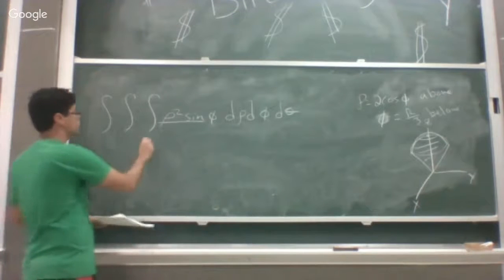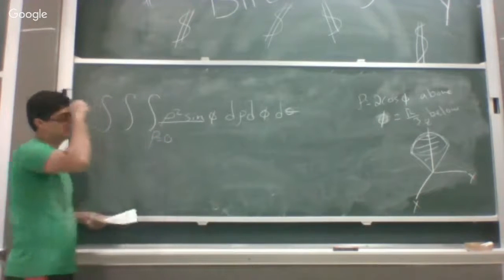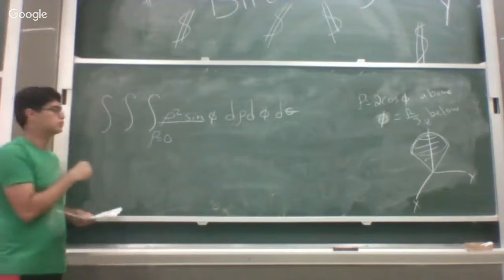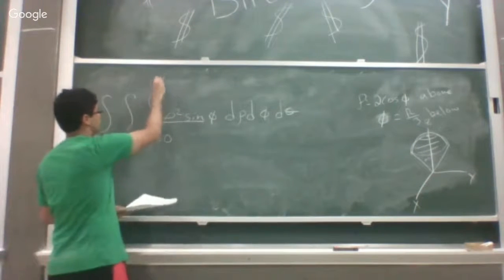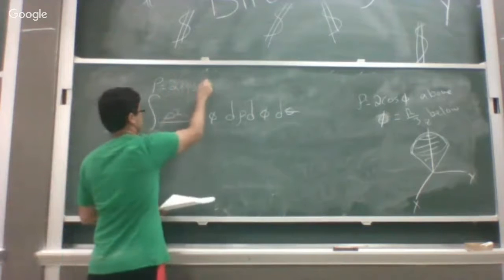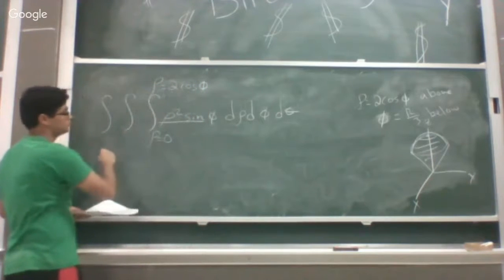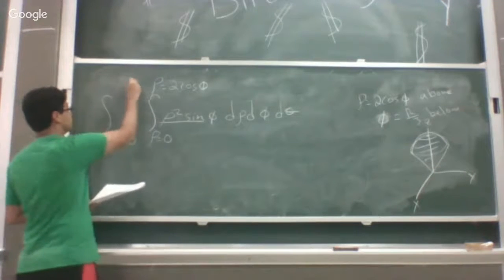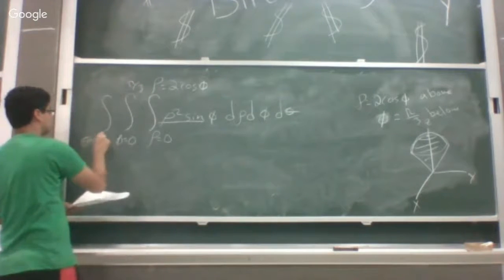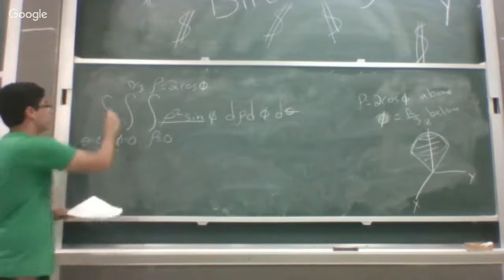So rho goes from 0 to what? You said 5. Sorry, not phi, rho. Yeah, 2 cosine of phi. Then phi goes from 0 to pi over 3. And then theta goes from 0 to 2 pi.